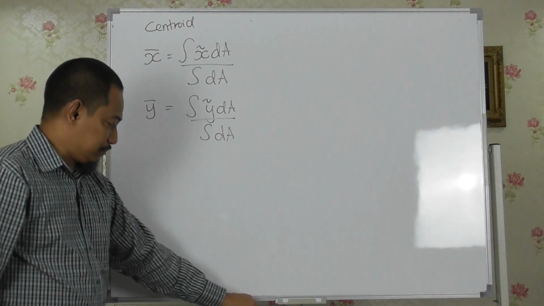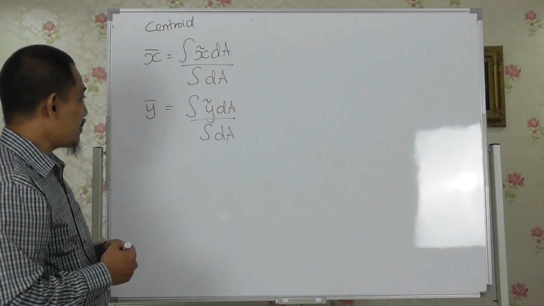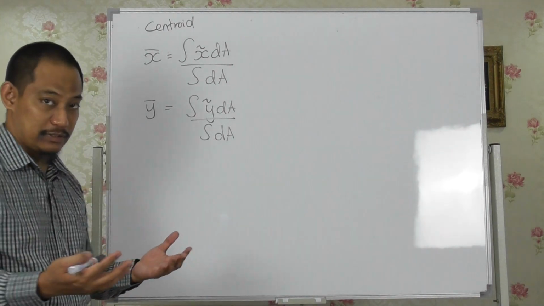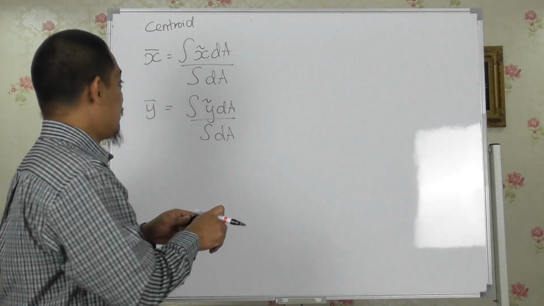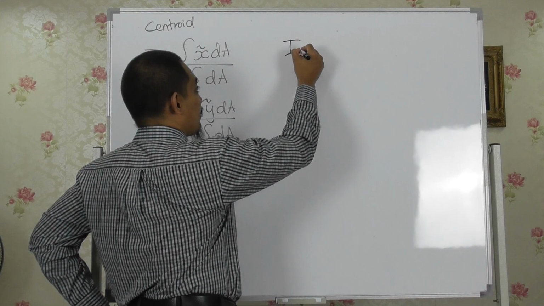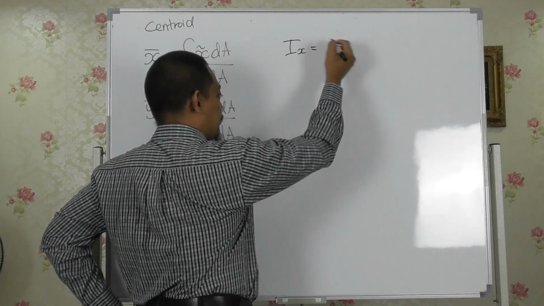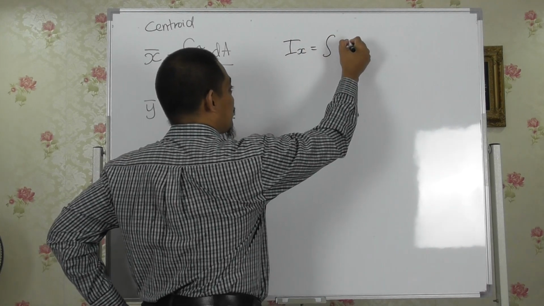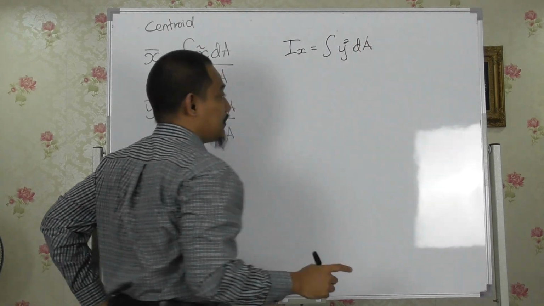Now, this is chapter 9. For chapter 10, you have a different equation for moment of inertia. Right, so for moment of inertia, we have Ix equal to integration of y squared dA.